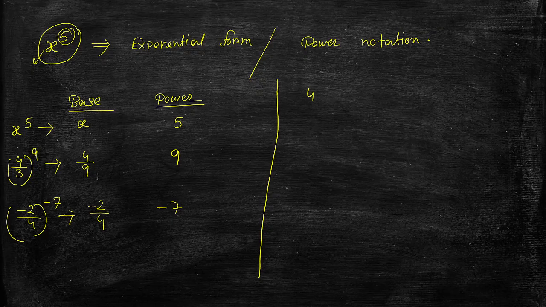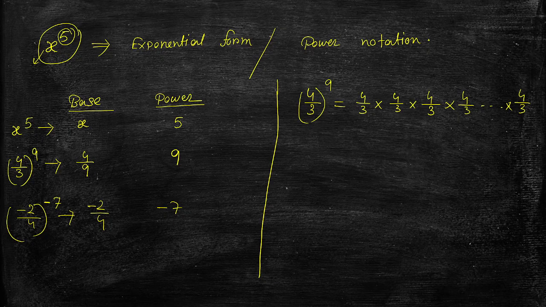Like 4 by 3 to the power 9 means 4 by 3 multiplied 9 times. Due to space, I just write 5 times, but you need to write it 9 times.